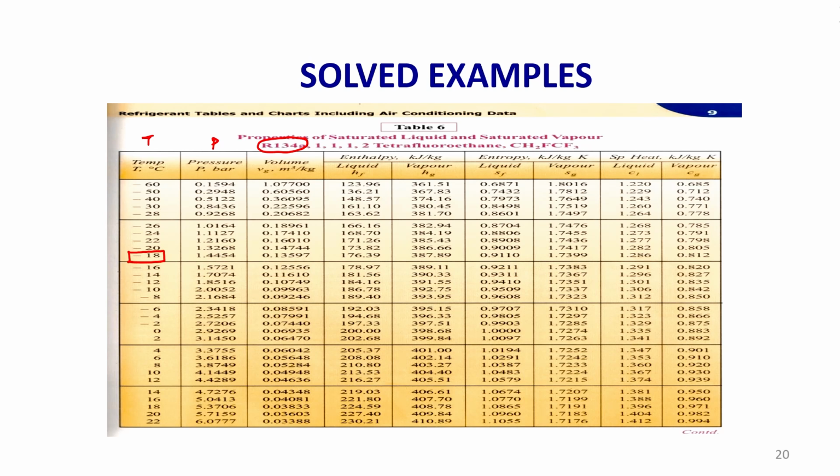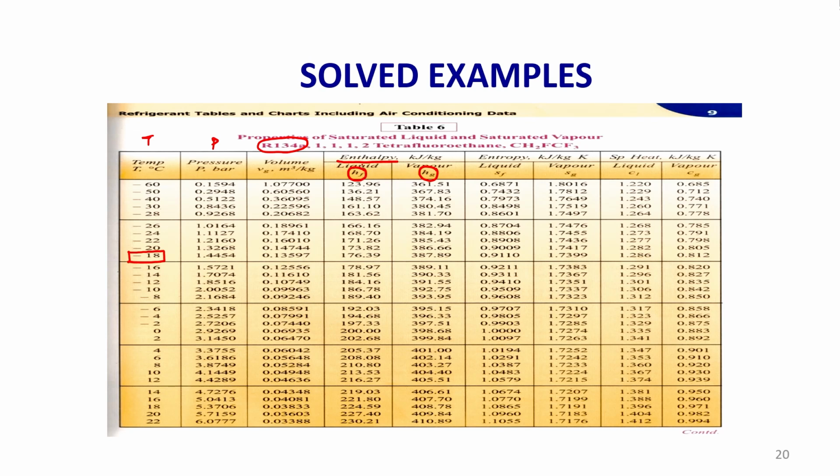Now, enthalpy at 1 is the enthalpy h1. I will read the Hg value directly corresponding to minus 18. This is Hg, and this is Hf. Hf I will be using later.